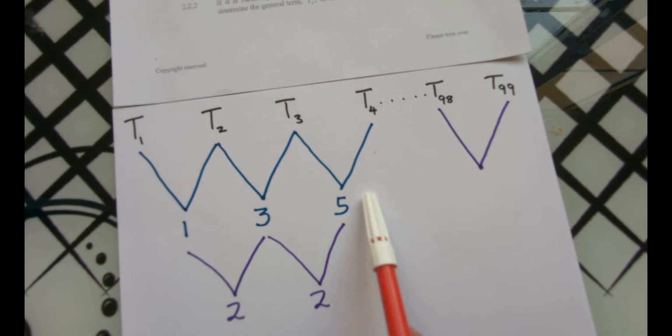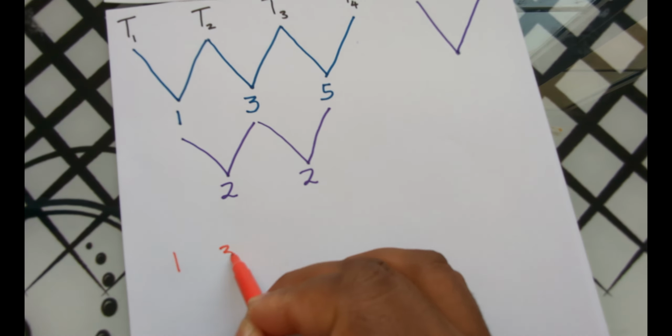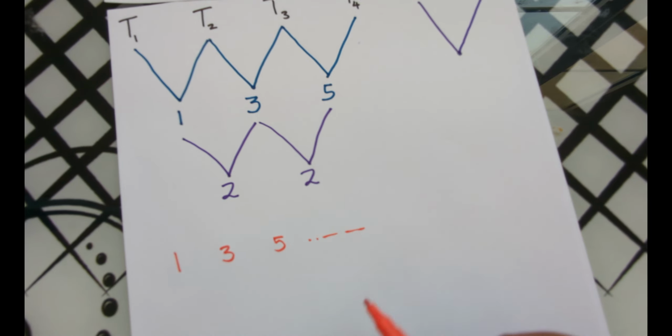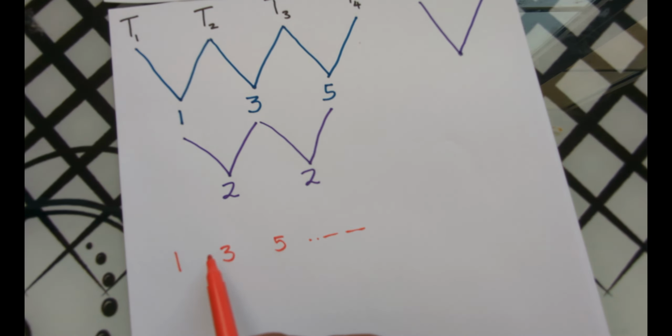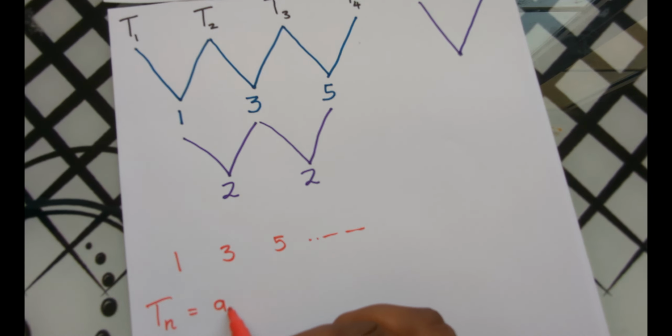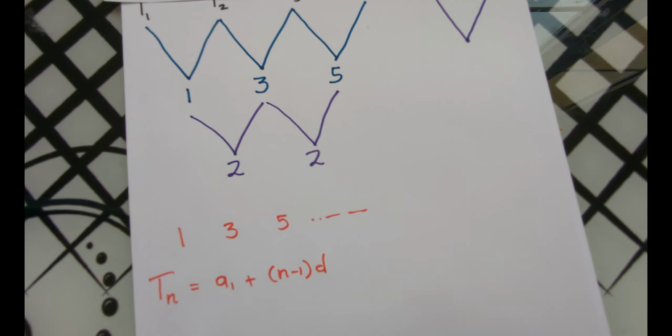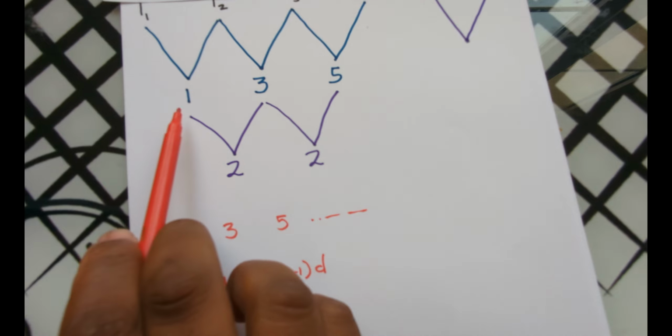Now, if we take the first differences, 1, 3, 5, and so forth, we can see that they form an arithmetic sequence, with a common difference of 2, which means our Tn for the first differences will be a1 plus (n minus 1) multiplied by the common difference, with the first term being 1.